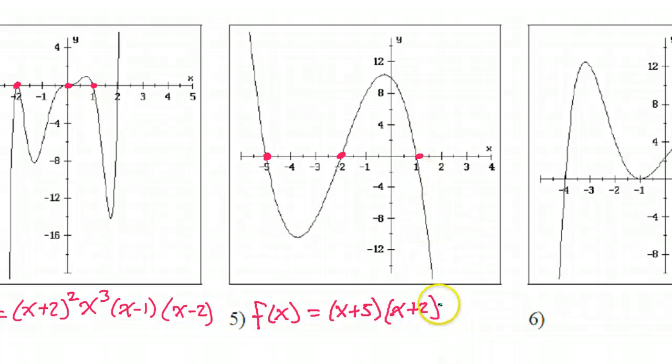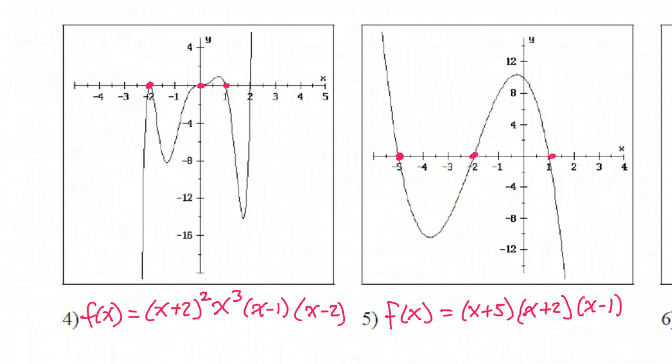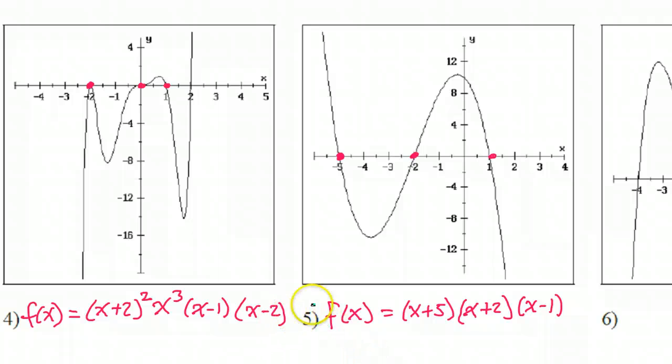And then we have positive 1, so that's x minus 1. And it is straight through, so that is again a single. This is an upside down n. So that tells me that this is your negative n behavior. So I need to put the negative on there, all right, to make it like an upside down n.